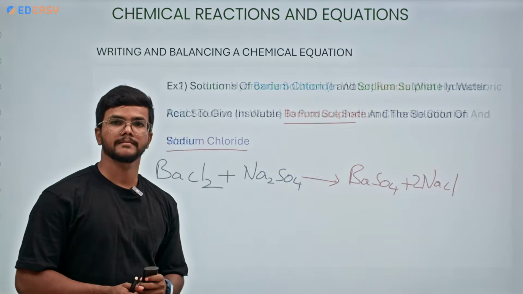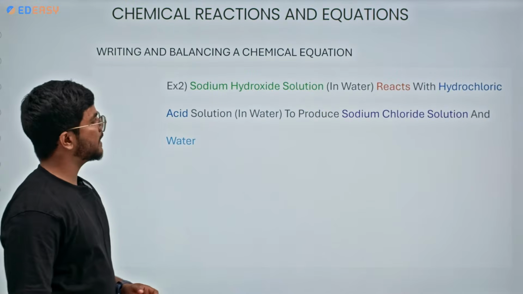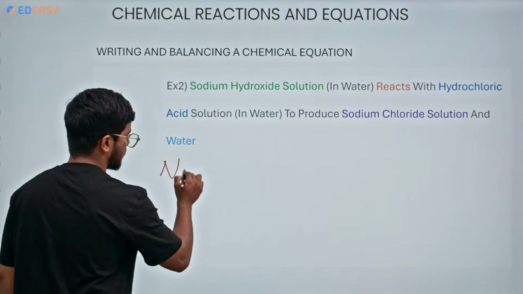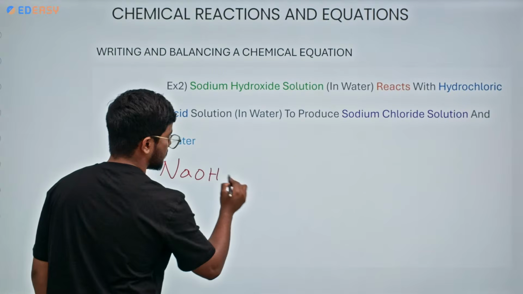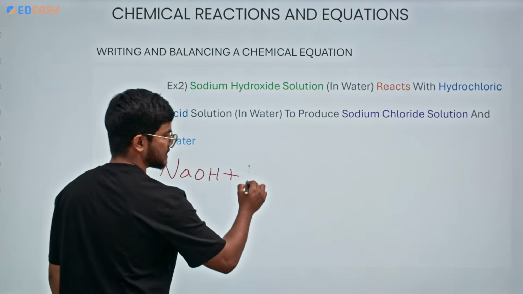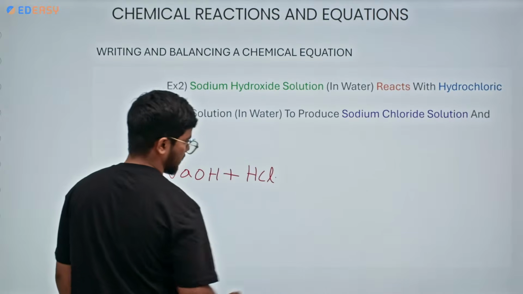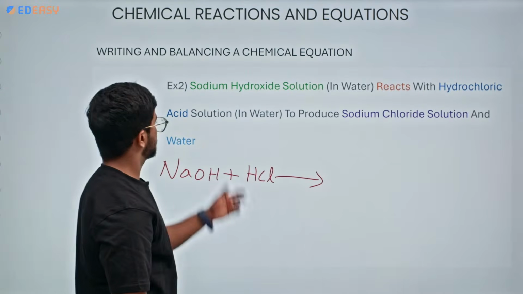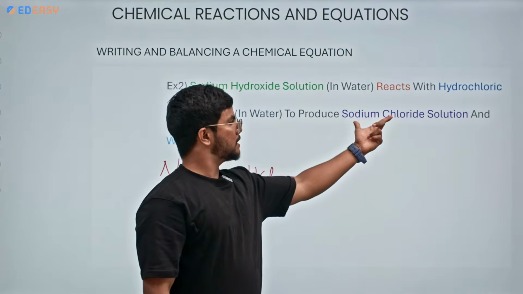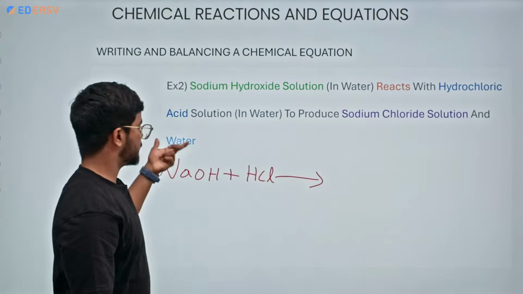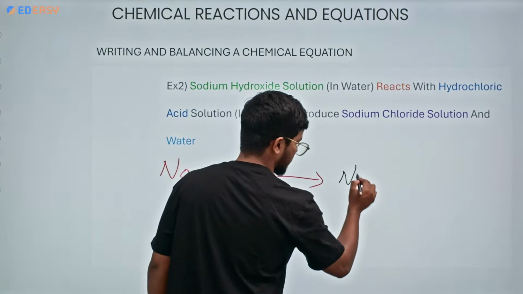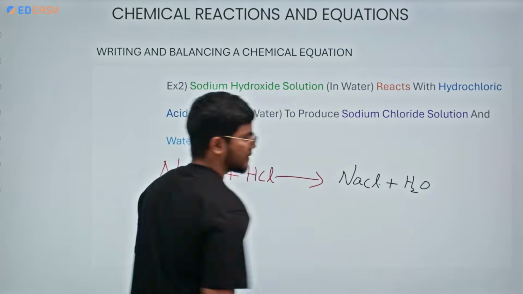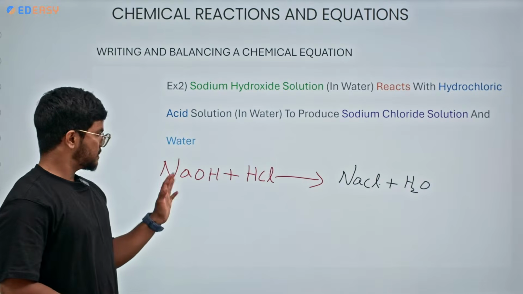Next, sodium hydroxide solution reacts with hydrochloric acid. Sodium hydroxide is NaOH plus hydrochloric acid is HCl. This produces sodium chloride solution with water: NaCl plus water, H2O.